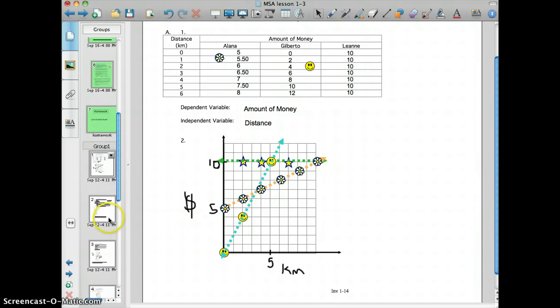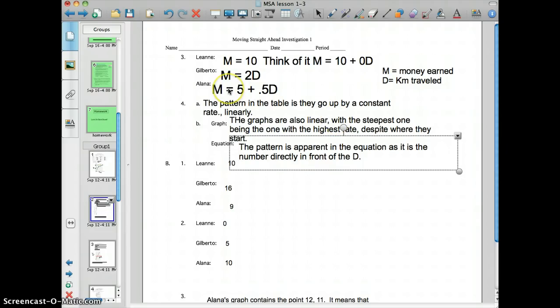Moving on to A3. A3 asks us to write an equation for each pledge plan and explain what information each number and variable in your equation represents. I'm using M for money earned and D for the distance traveled in kilometers, okay? So if you look at Leanne here, hers is the easiest equation to write because no matter what distance she walks, she gets $10, okay?